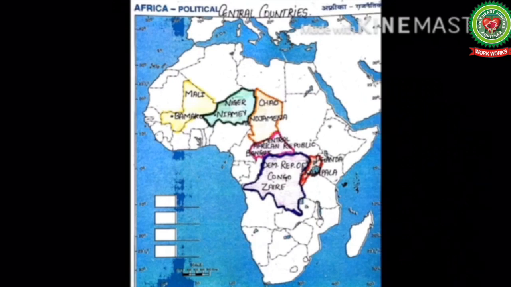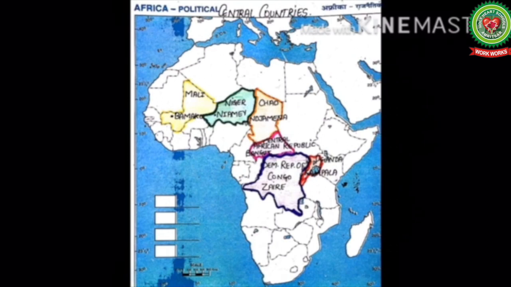Its capital is Kinshasa. It is the second largest country in Africa and the 11th largest country in the world. The next country is Uganda and its capital is Kampala. It shares its border with Sudan, Kenya, Tanzania and Democratic Republic of Congo, that is Zaire.